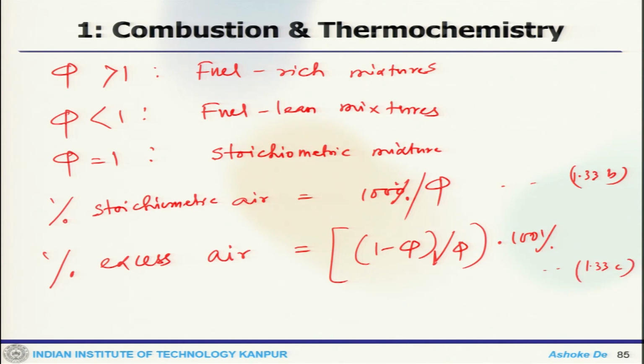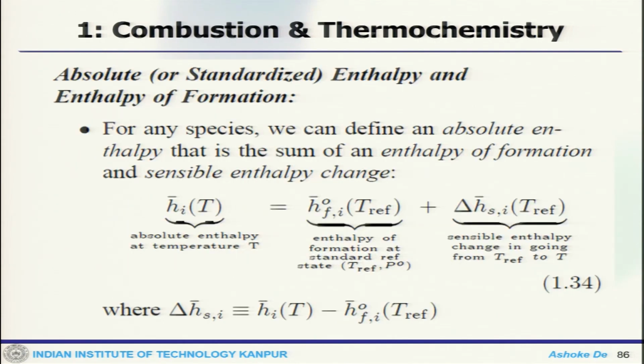Now, the second important thing is absolute enthalpy, and another is the enthalpy of formation. Absolute enthalpy is the sum of the enthalpy of formation and the sensible enthalpies. So, this is my total absolute enthalpy at a particular given temperature T, and it has two components.